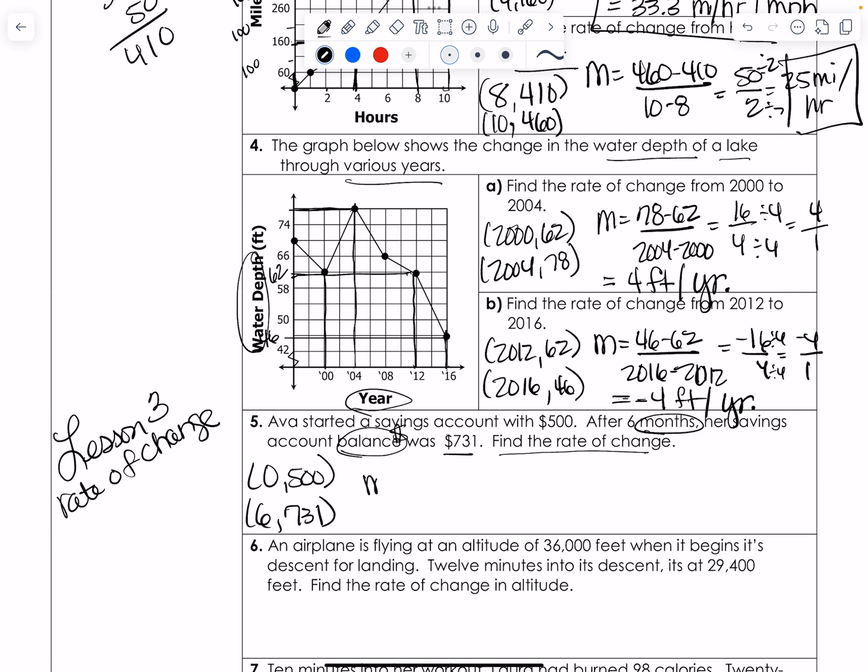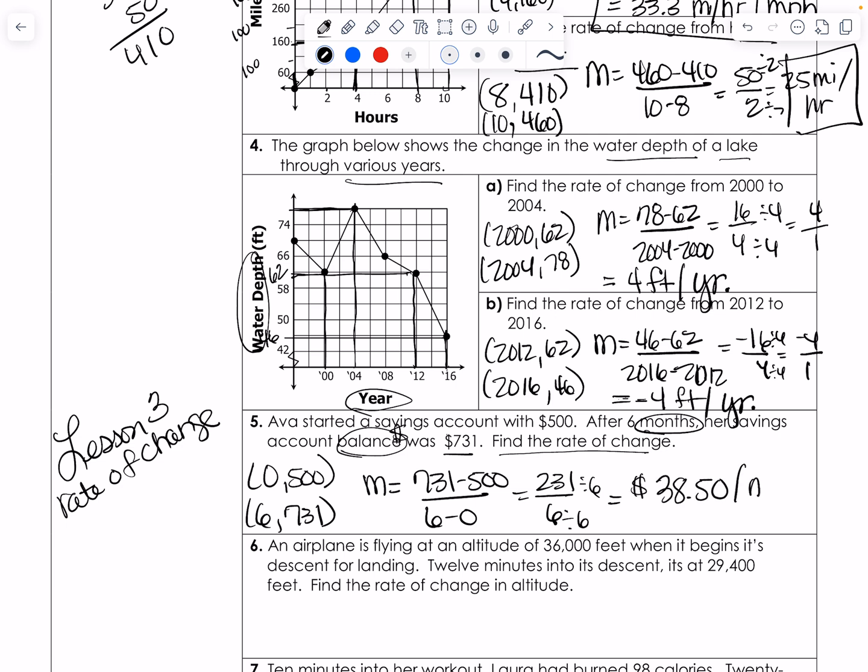So if you use your formula and you say 731 minus 500 over 6 minus 0, this is going to equal 231 over 6. Put 231 in your calculator and divide it by 6. It should give you $38.50 per month.